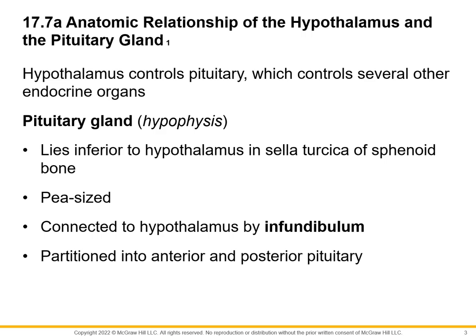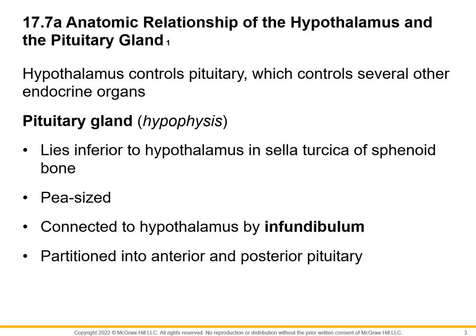So first thing that we'll look at is something called the pituitary, right? The pituitary is connected to another structure called the hypothalamus through something called the infundibulum. If you recall from your skeletal anatomy, the sphenoid bone, there is a little depression in the sphenoid bone called the hypophyseal fossa, which is just this bony depression in the sphenoid bone, and in that depression you have the pituitary gland itself.